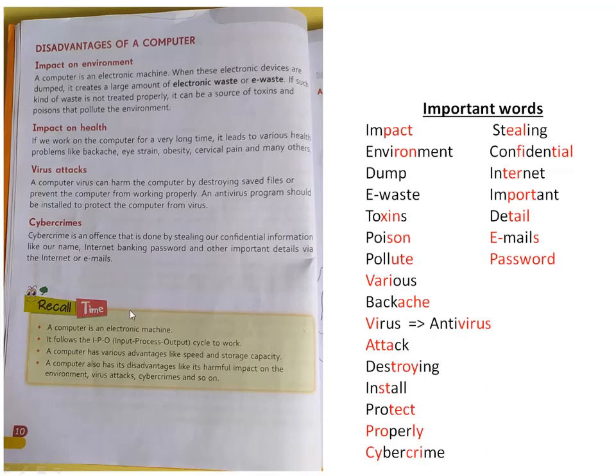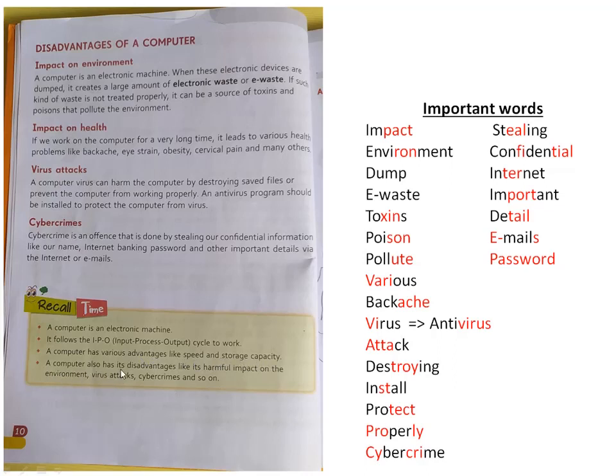So, what we learned, let's recall. A computer is an electronic machine. It follows the IPO, that is, input dash process dash output cycle to work. A computer has various advantages like speed and storage capacity.